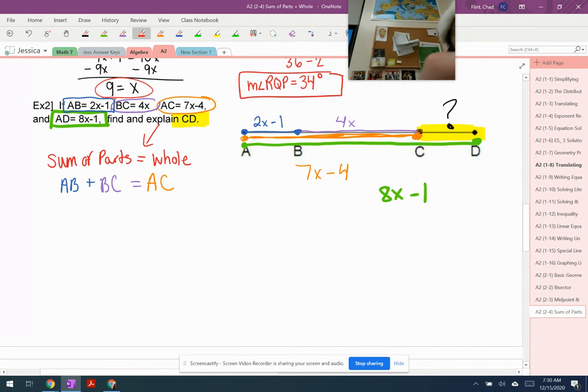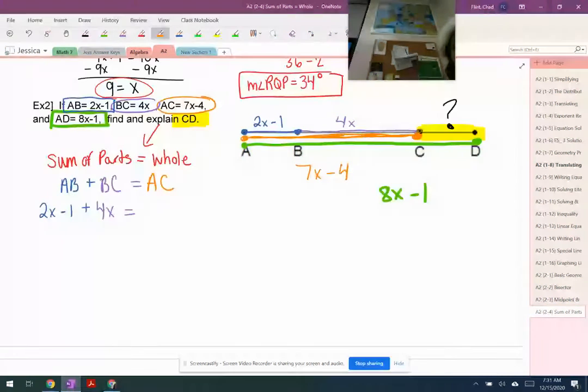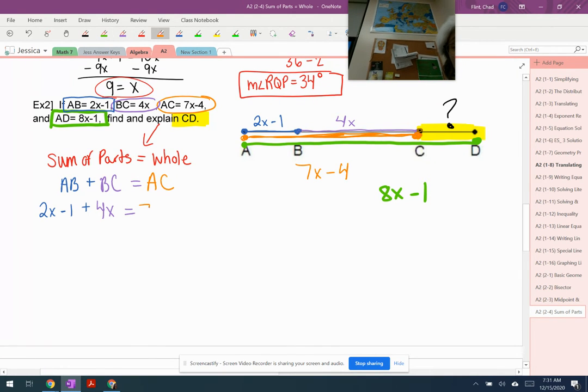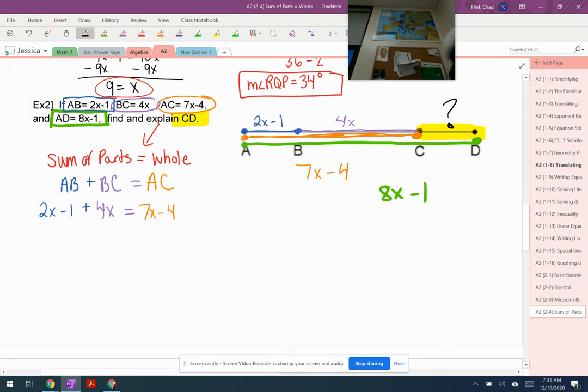Okay, so let's fill in the expressions. AB is 2x minus 1 plus BC, which is 4x, is equal to AC, which was 7x minus 4. And now we solve. 2x plus 4x is 6x minus 1 is equal to 7x minus 4.